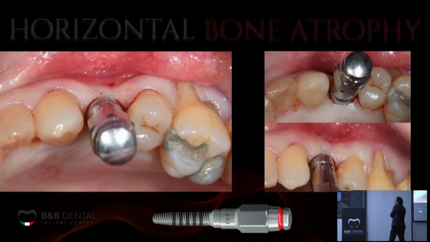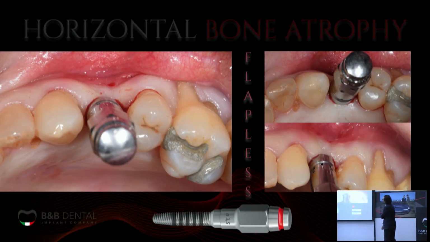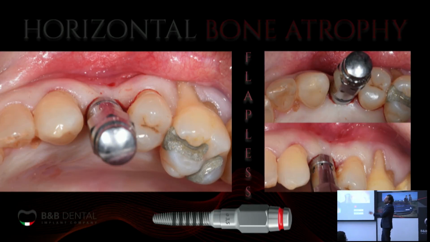So let's go back to the initial case where we saw the Photoshop, and in this case we decided to perform a flapless approach, and I didn't use even a tissue punch because I wanted to keep all the soft tissues and the structures of the patient.